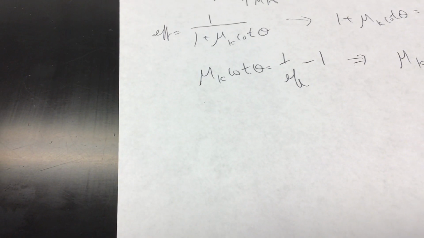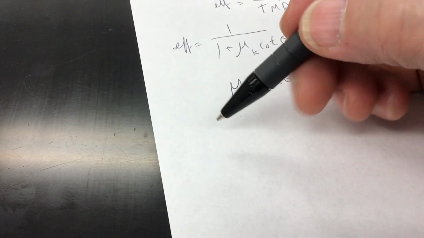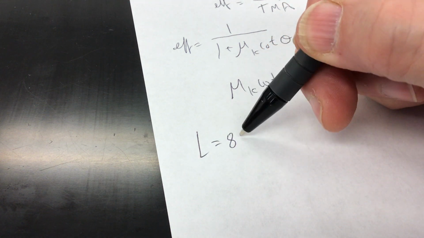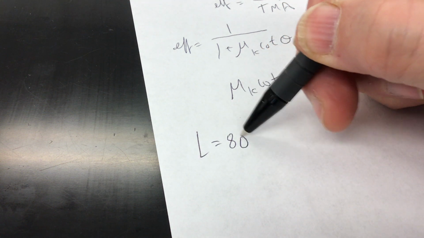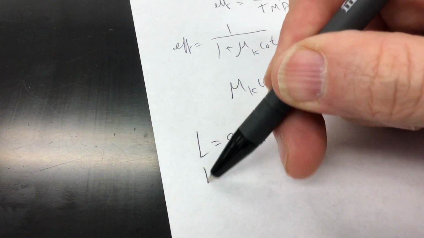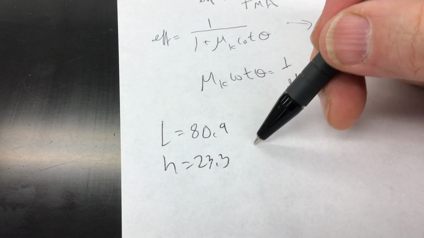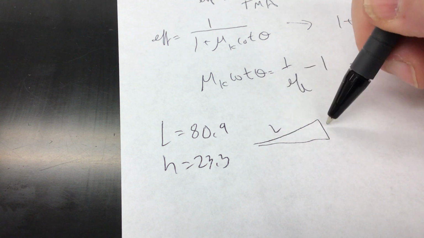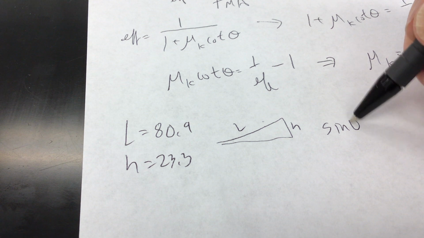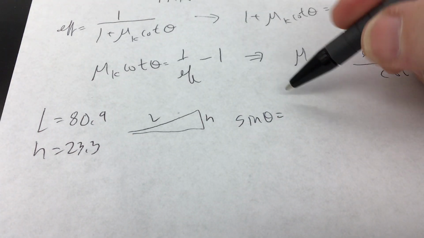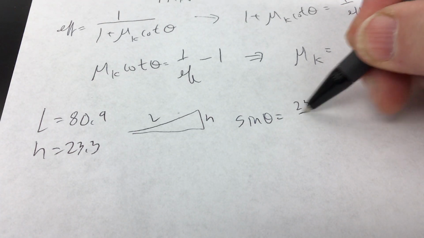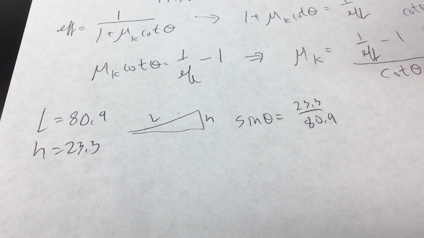To find theta, we know what the length is. The length is 80.9, right? And the height is 23.3. So if you look at a little diagram here, we've got the length and the height. That's opposite over hypotenuse. That sounds like sine. So sine of theta is opposite 23.3 divided by 80.9.